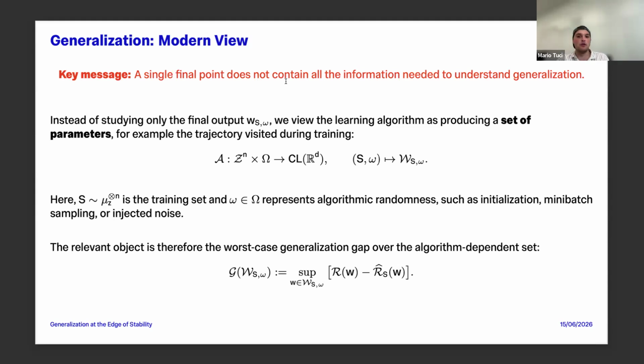And maybe we have to look over the trajectory or more weights to say something about the generalization performance over models. So instead of studying the single output, the learning algorithm is now viewed as something which gives you back a random set.